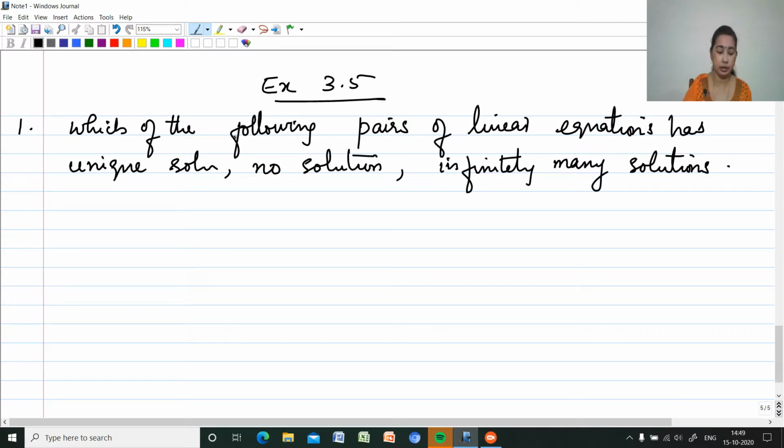And if we are getting a unique solution, then what you have to do is find the unique solution by the method of cross multiplication.